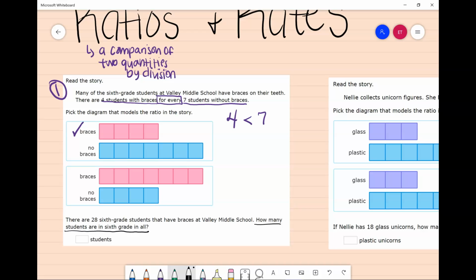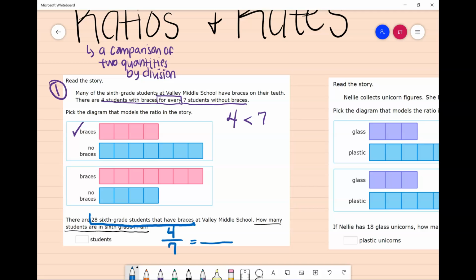All right, so the first thing I need to do is set up a ratio. And I'm going to use 4 to 7. Then I need to find an equivalent ratio. Another word for equivalent is equal. This part of the word problem tells me that 28 students have braces.